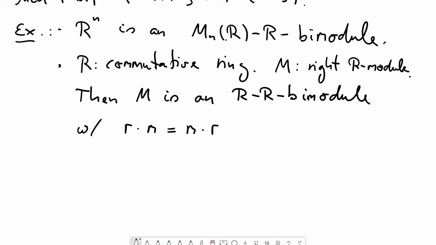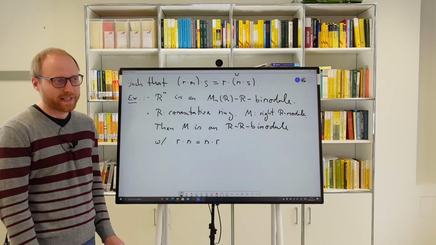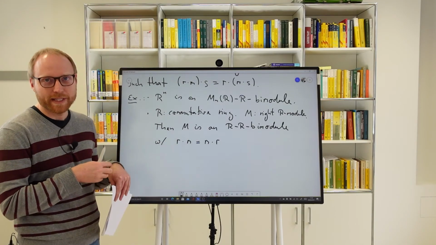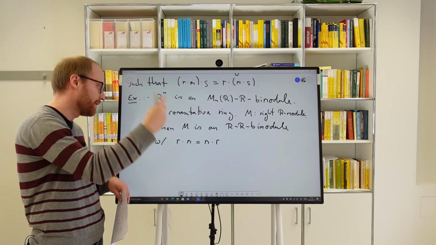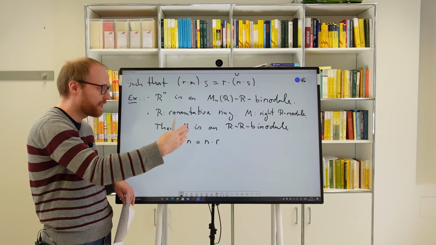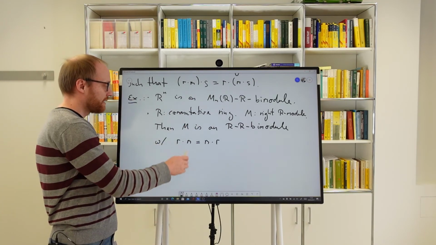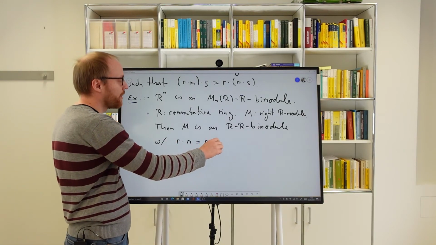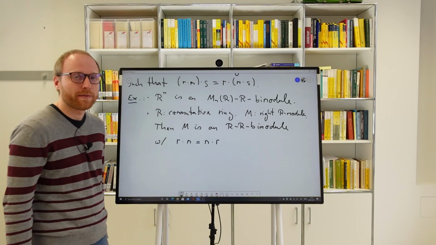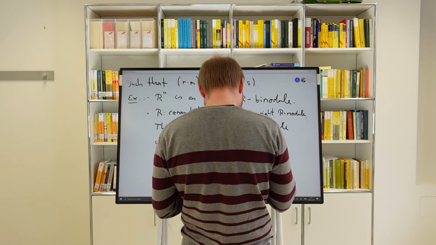And now to have this associativity that's required already for left R modules, if you multiply with the product of ring elements from the left, then it shouldn't matter if I first multiply the ring elements or I first multiply with the module element and afterwards again with the other ring element. To make this identity true, I need the commutativity here, because I will need to swap the order of the two elements if I multiply from the right. So therefore, it's important that this construction only works for commutative rings.